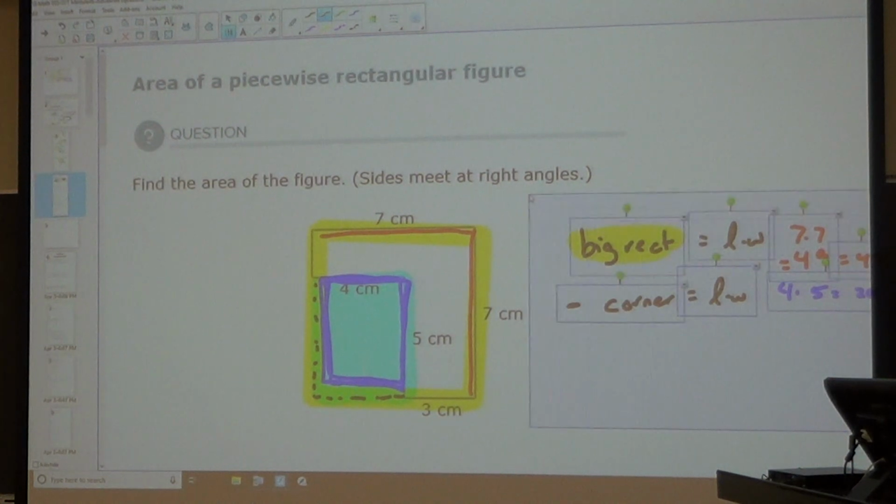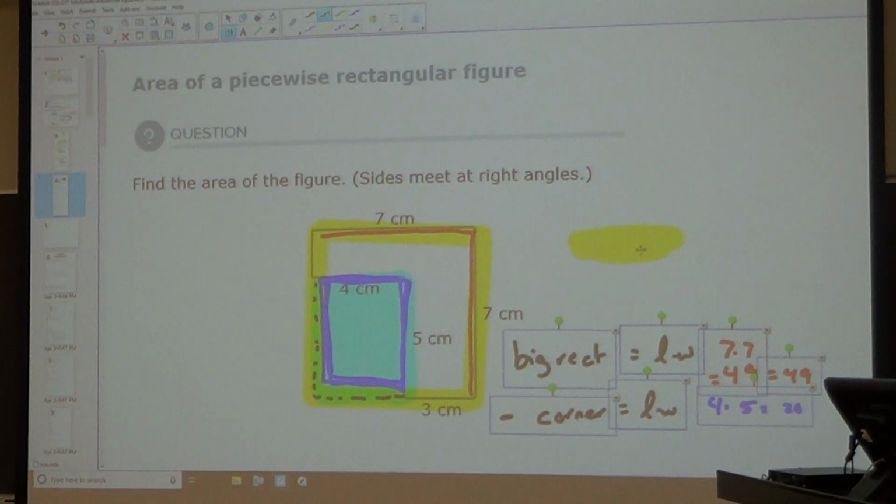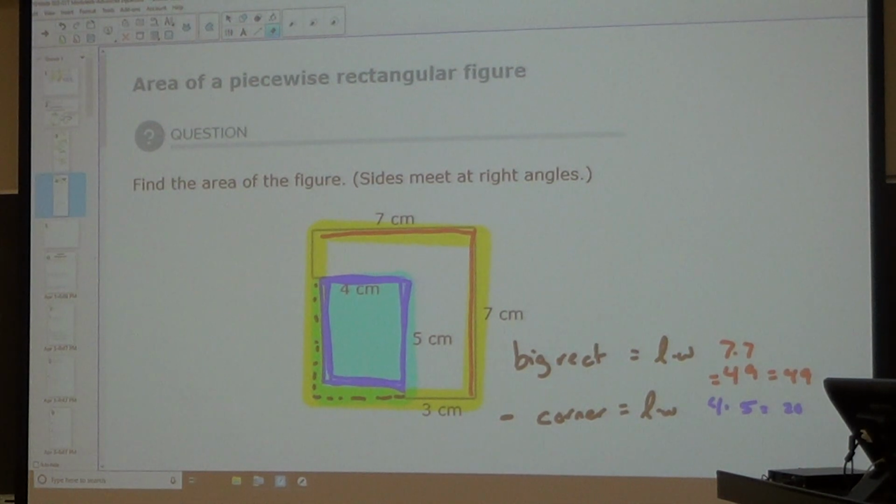Let me get it so you can see this off the screen a little bit. Oh, those are connected. I'm looking for something funny, but I can't find it.